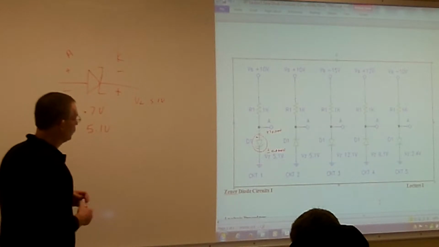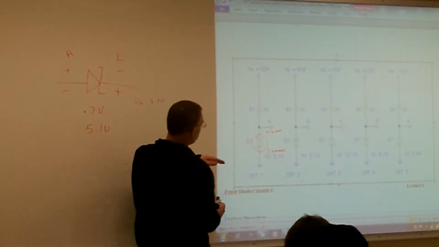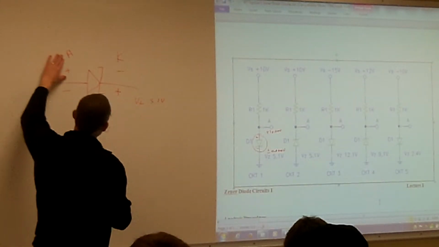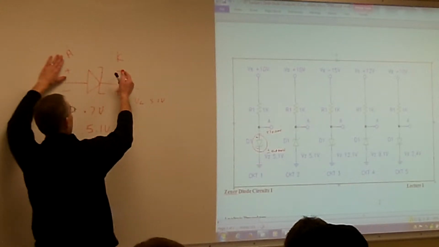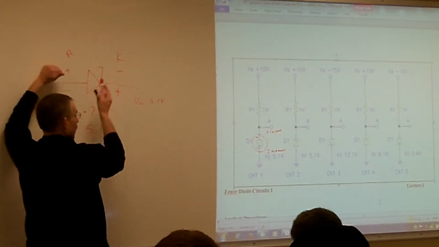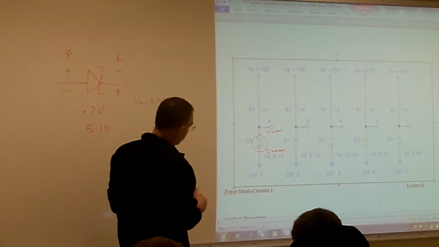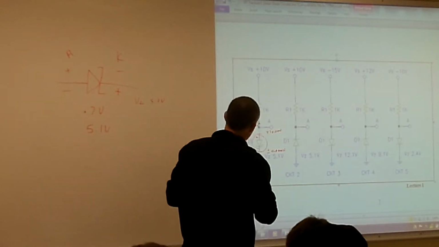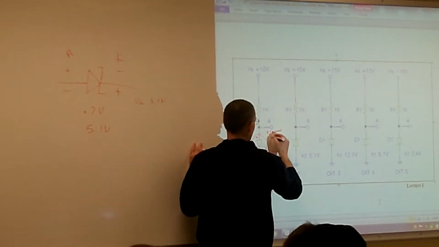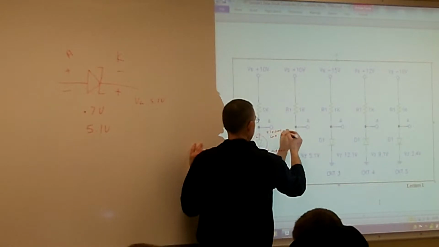It's going to be a go diode because we're more positive on our anode, more negative on our cathode. It's going to put that into diode operation.